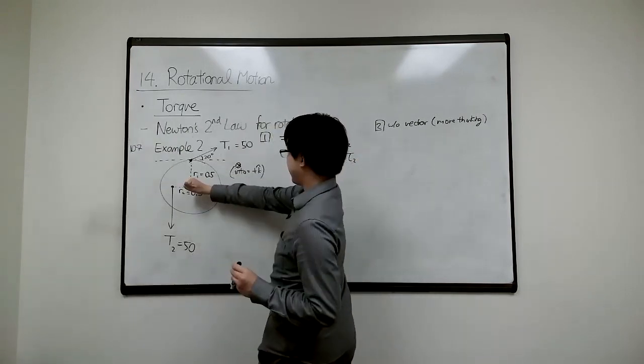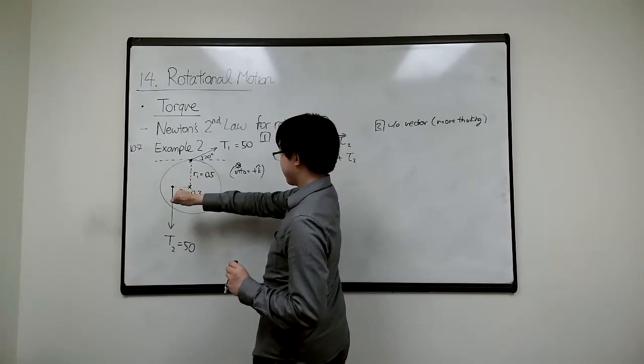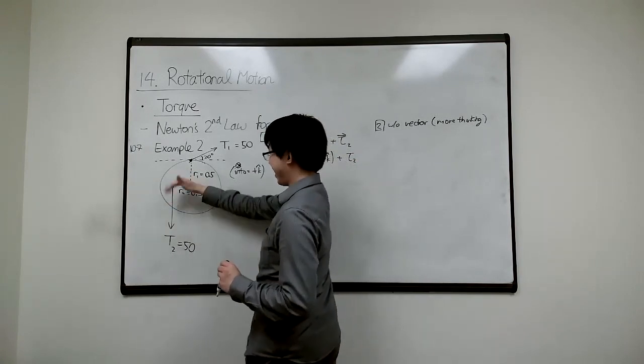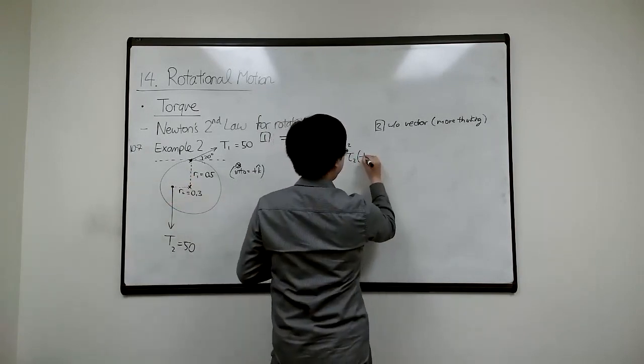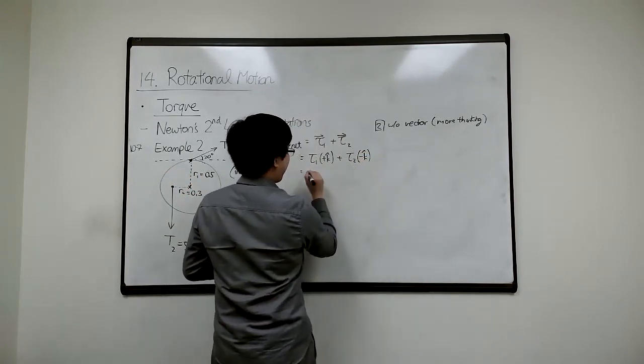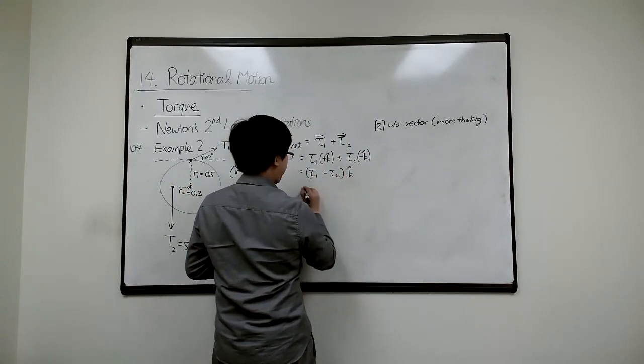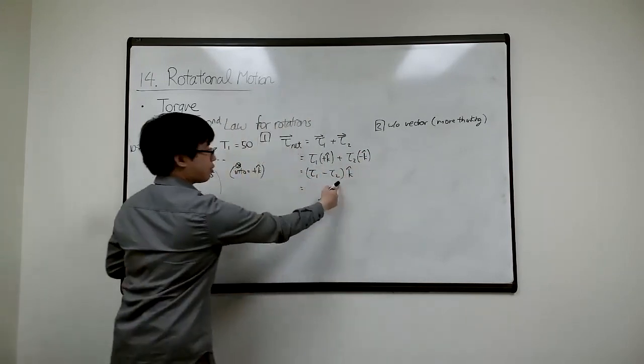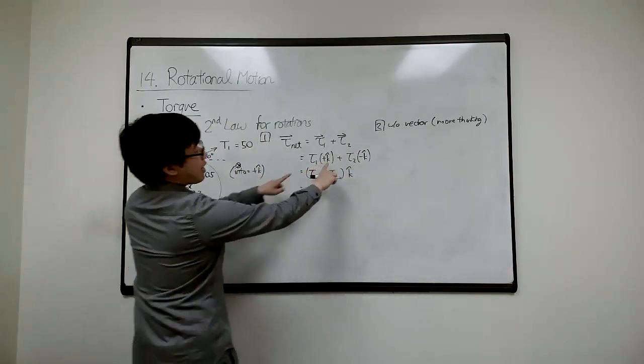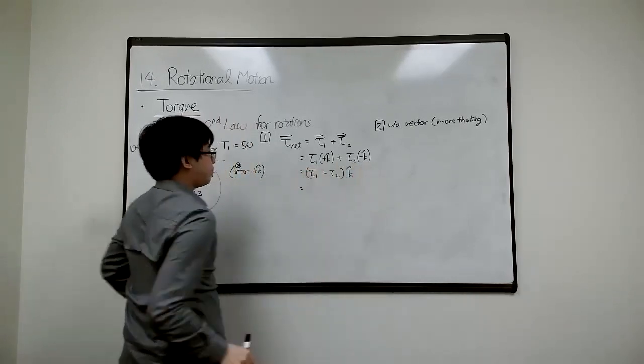So this one's negative k. I usually call this positive, but we'll work with it. So what do we have? We have tau1 minus tau2. Now I just need to plug in the magnitudes of them, because the direction is taken care of over here.